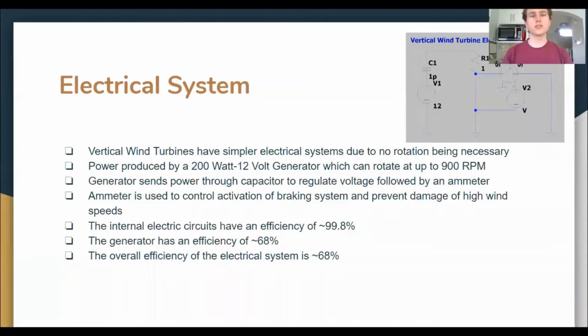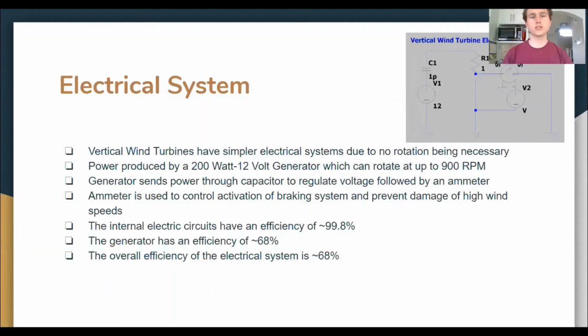Our generator then sends power through a capacitor to regulate the voltage, which is followed by an amp meter. Our amp meter will be used to detect whether the generator is at or above its capacity. And if it is, we'll initiate our braking system to prevent damage or fires from occurring.